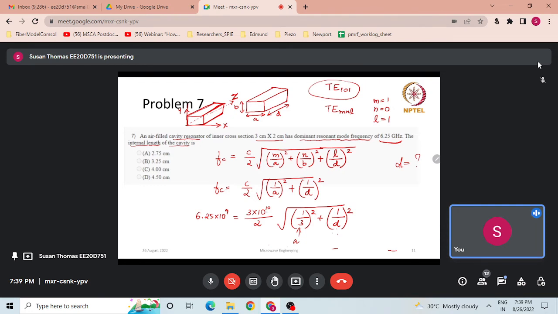If I put 3 into 10 power 8 meters per second, then I should make sure that 3 centimeter is also changed to 0.03, and the answer I get will be in meters. Then I have to convert it to centimeters to get the right option. Because all the options and answers are in centimeters, I have made this 3 into 10 power 10.